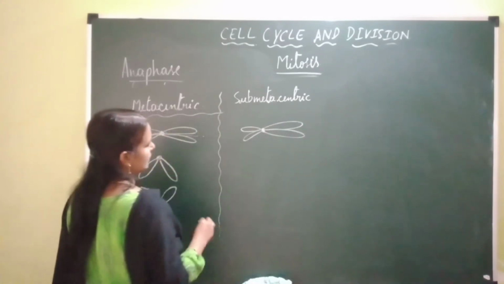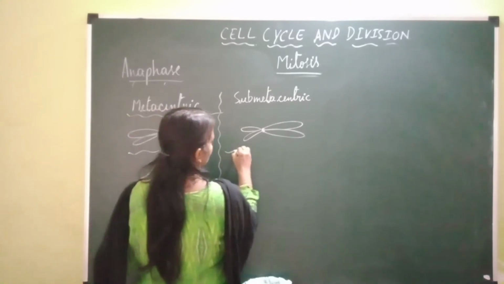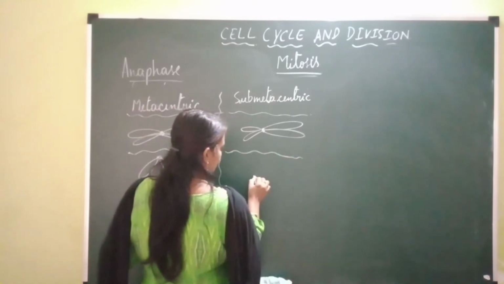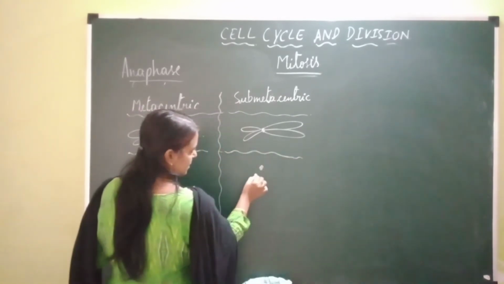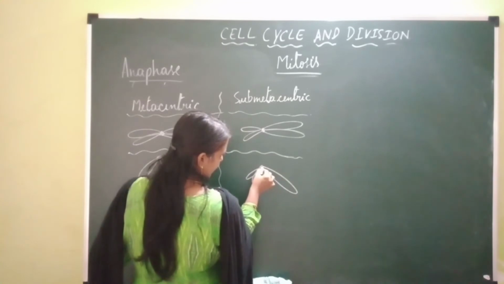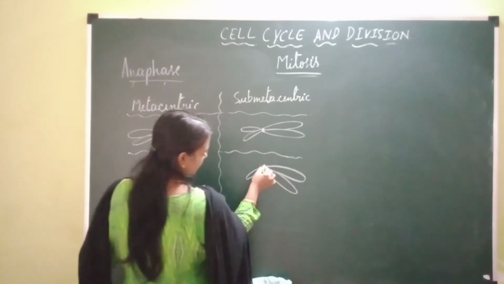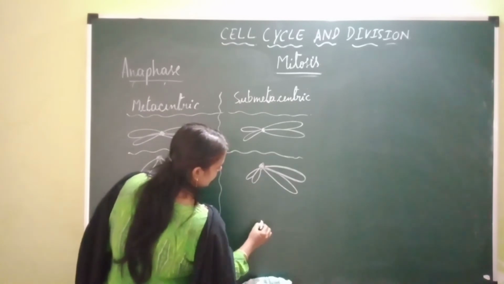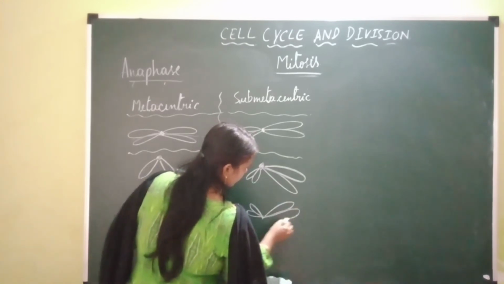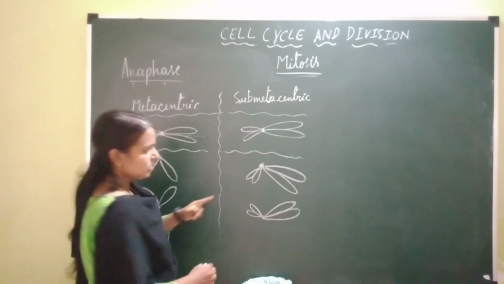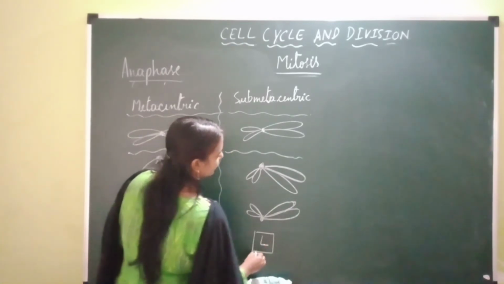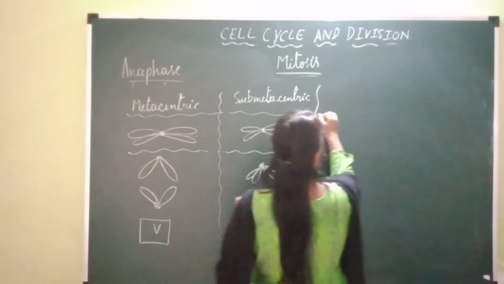After splitting of the centromere of the submetacentric chromosome, the centromere is towards the leading edge. So these chromosomes during their movement appear L-shaped. Next, coming to acrocentric chromosome.